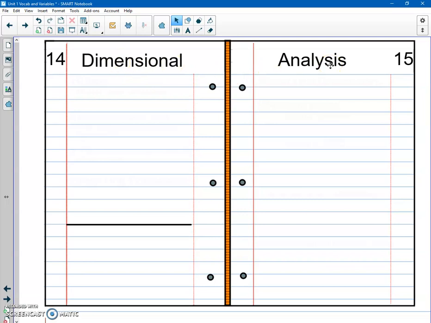Now, dimensional analysis, it's really an intimidating term when you think of just the words, dimensional analysis, but really all it is, I like to say, is the art of applying or multiplying by 1. Now, as you know, anything multiplied by 1 is just itself. So we're not actually changing the value of anything.